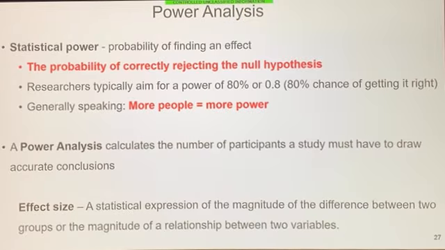And so I mentioned the effect size. The effect size is the magnitude of difference between the treated and untreated group. So if the effect size is large, you're going to have a highly statistically significant p-value more than likely.